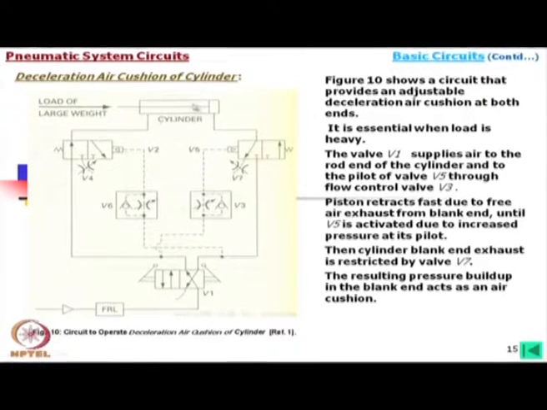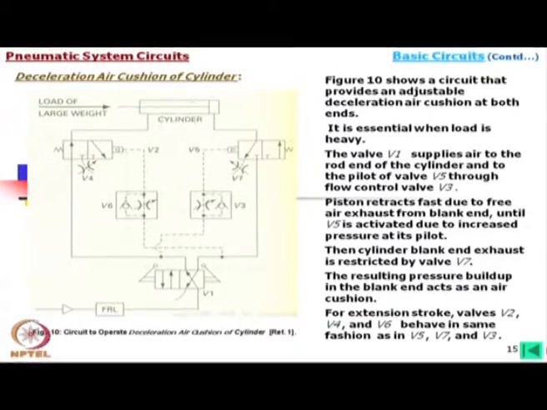This pressure increases due to these restrictions, and when this actuates, then V7 becomes activated, the air flow will be restricted and there will be a cushioning effect. The similar effect is achieved when it is moving from the other side also.